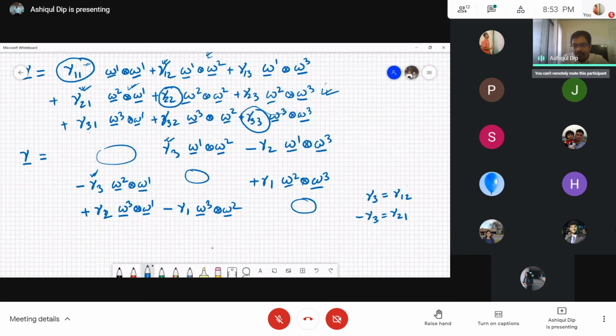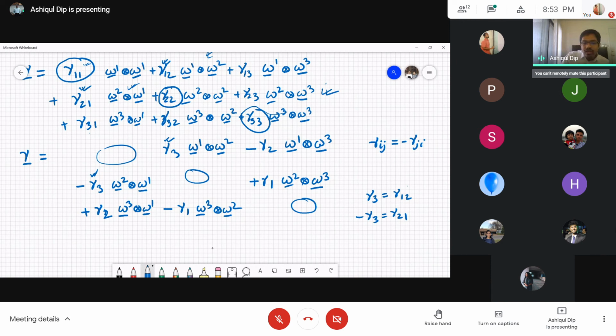So if you have gamma ij for some i, for some j, then it must be the negative of gamma ji. So the components of a two form are also antisymmetric, and that has to be, otherwise it won't work, right? It's an antisymmetric tensor.